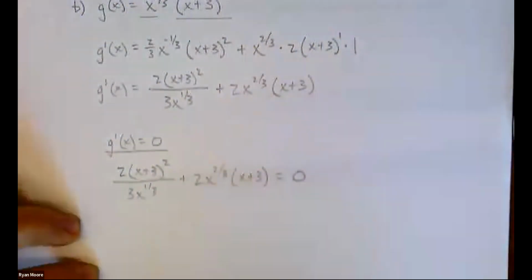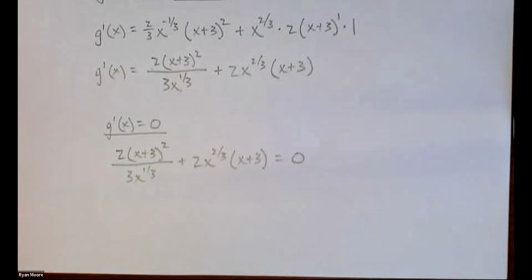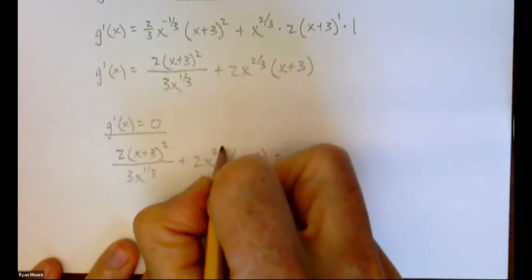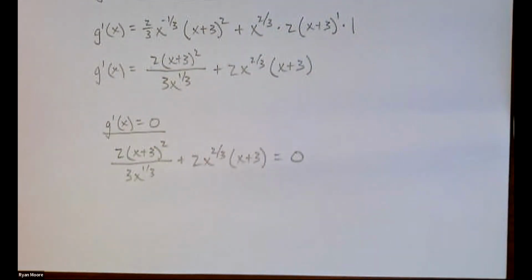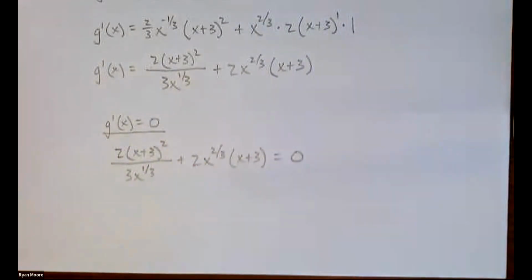That's going to equal 0. Now this looks really bad. How am I going to solve this for x? My gosh, there's fractional exponents. There's this denominator. They're being multiplied here. Actually, if we're clever, there's one thing we can do that's going to clean this up real fast.